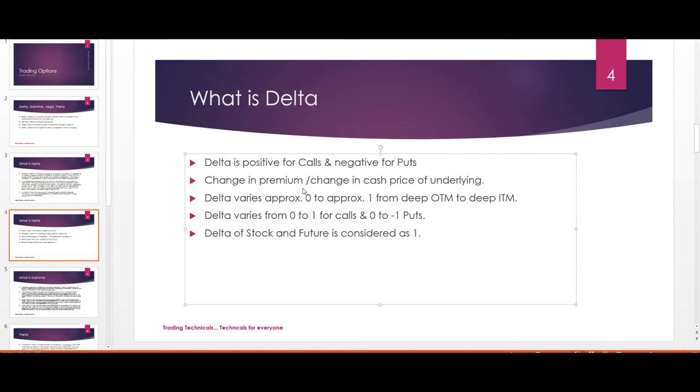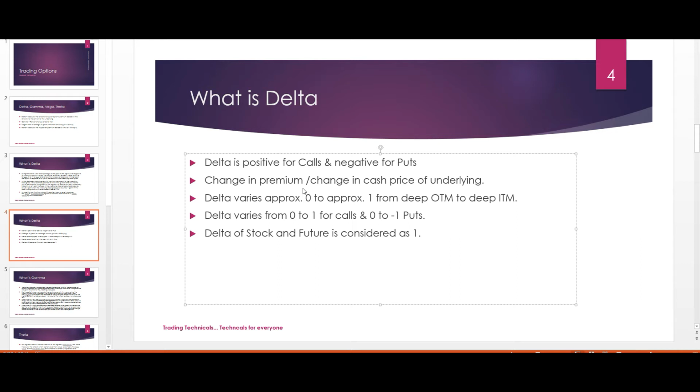If it is deep OTM, which is an out of the money contract, you will have a delta almost equal to 0, because it is not going to move much when the stock price moves by 1 or 2 rupees or even 10 rupees. And for deep ITM, in the money calls, your delta will be approximately 1.